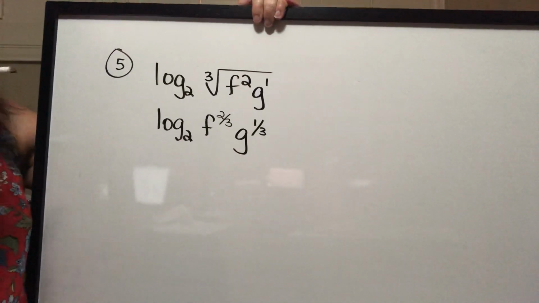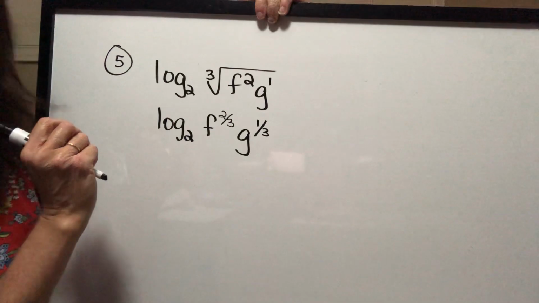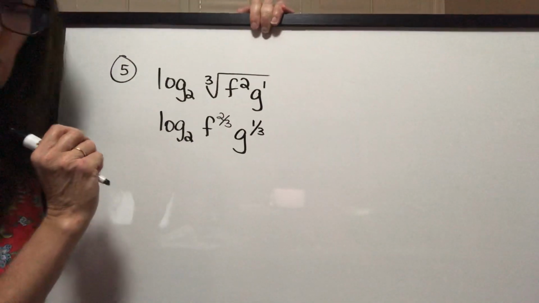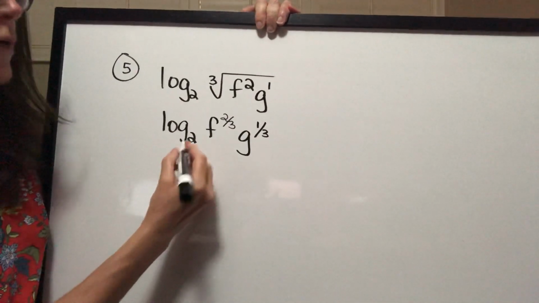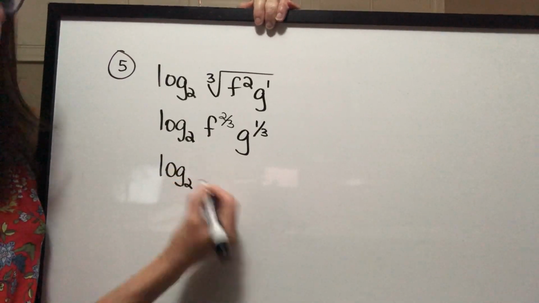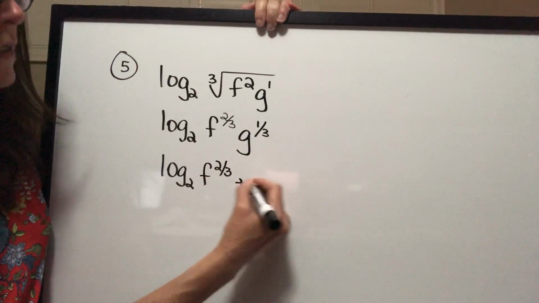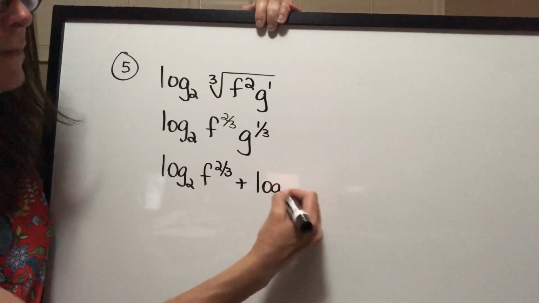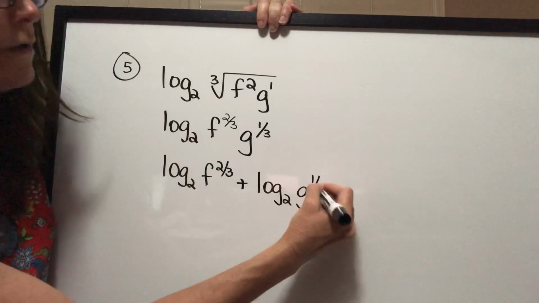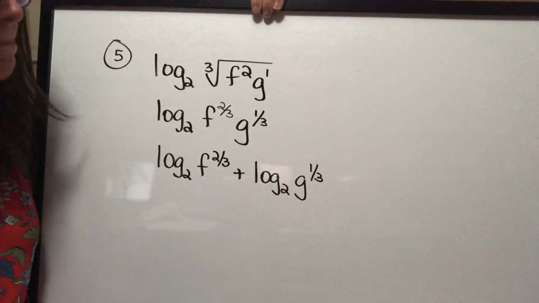Okay, so now I can expand. The f and the g are being multiplied together, and that means with logs that you would add them together. So we're going to write this as 2 logs with addition between them: a logarithm with the base of 2 of f to the 2/3 plus a logarithm with the base of 2 of g to the 1/3. That's applying the product rule of logs.